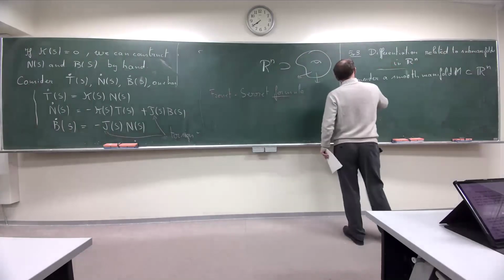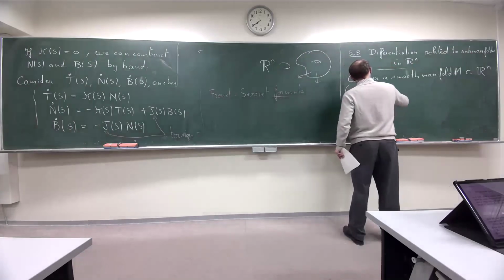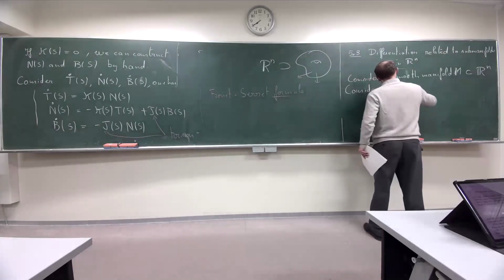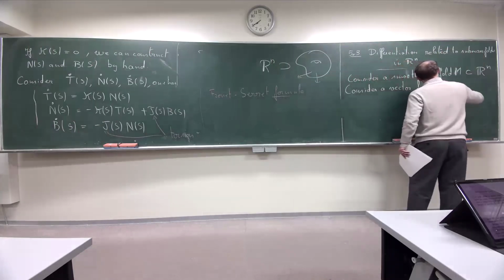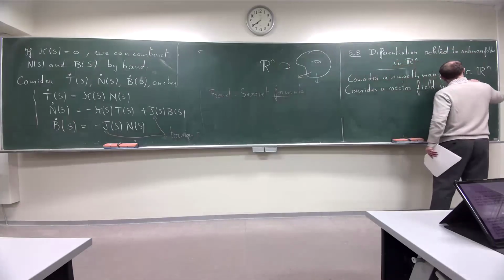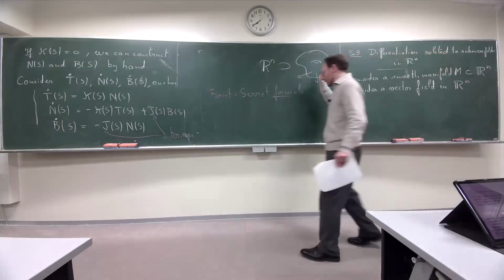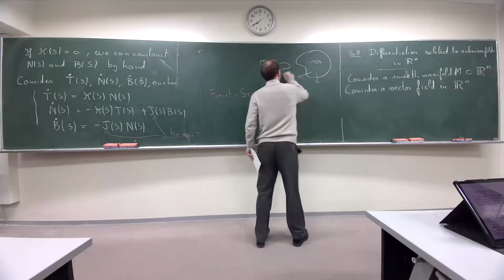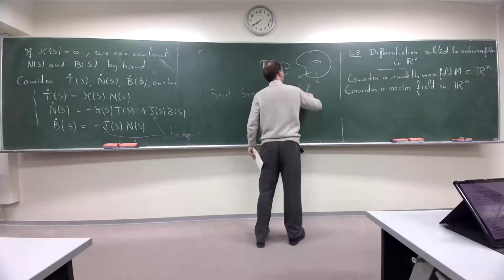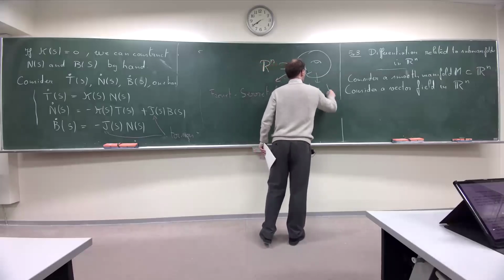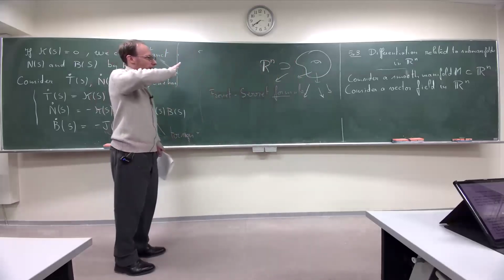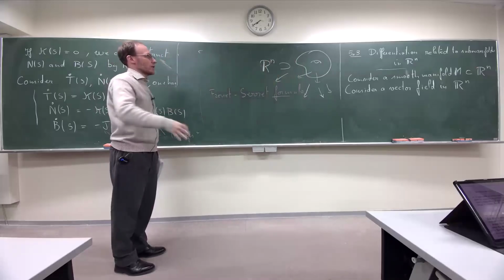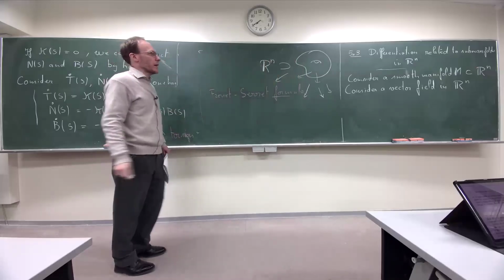So consider a vector field in Rn. Remember, in this picture, a vector field is really at every point of Rm, you associate just a vector, because the tangent space is Rm itself. So it's just one vector in Rm.